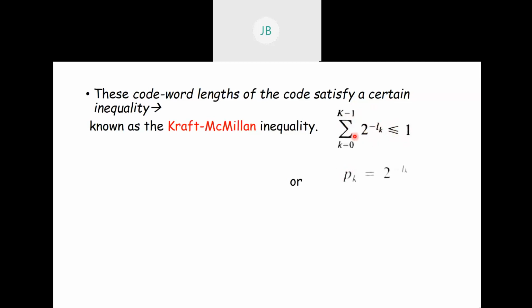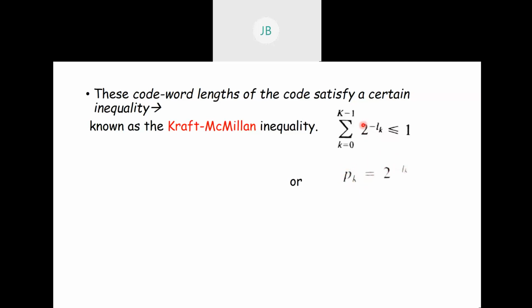So we know that the summation of probabilities, when you consider different symbols, must be less than or equal to 1, right? So 2 power minus lk can also be represented as pk, the probability of every symbol.